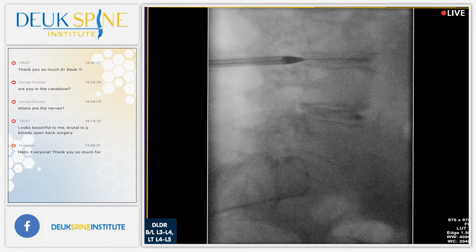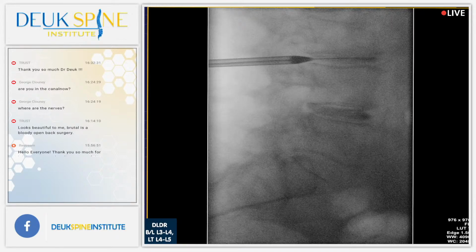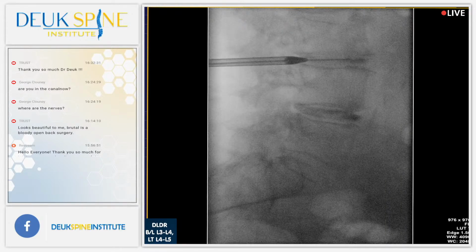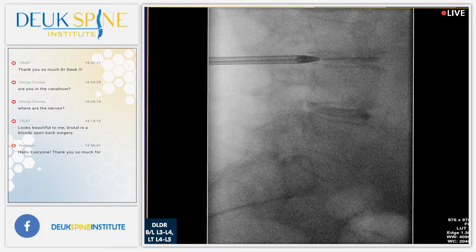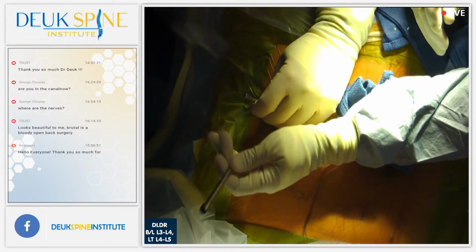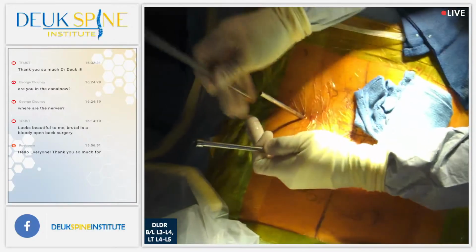Shot? Hold on. Let me see. Shot? Yeah, looks good. See this part right here that everybody hates so much? I'm actually hammering the herniation back into the disc.